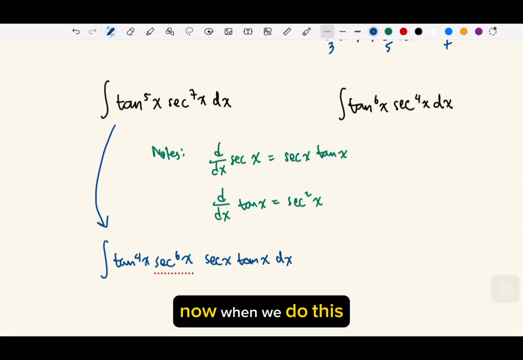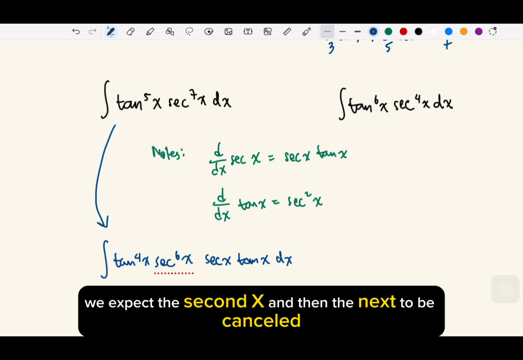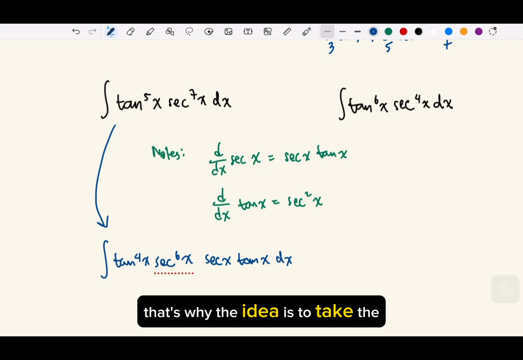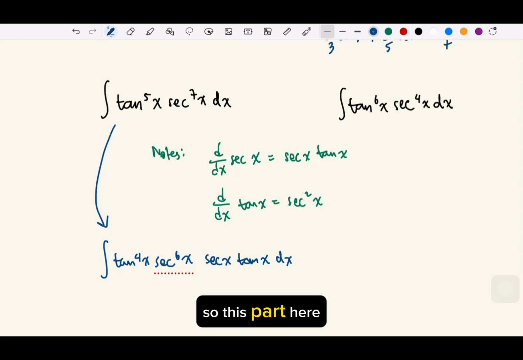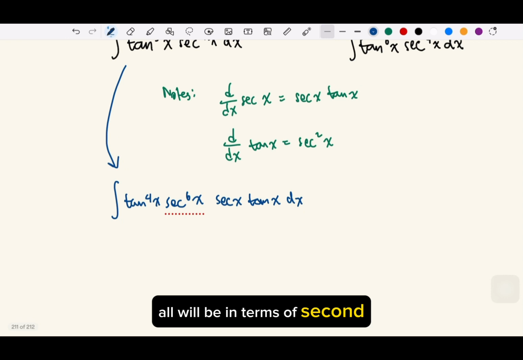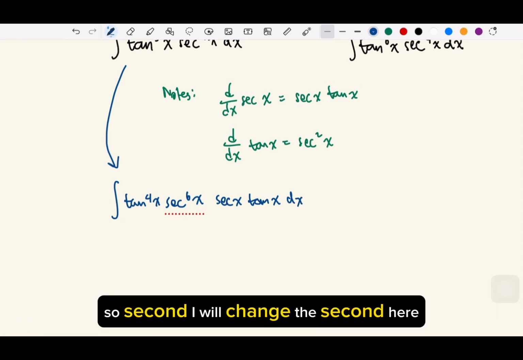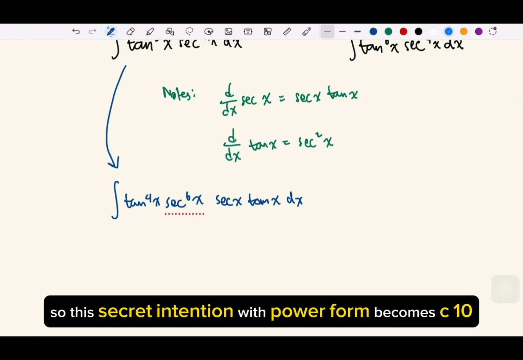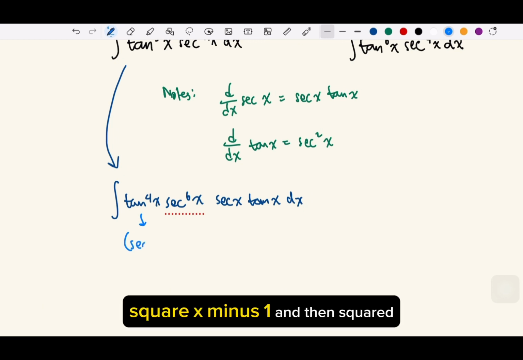Now when we do this, we expect the secant x and tangent x to be cancelled. That's why the idea is to take the secant as our substitution. So this part here will all be in terms of secant. So this tangent with power of 4 becomes secant squared x minus 1, and then squared.